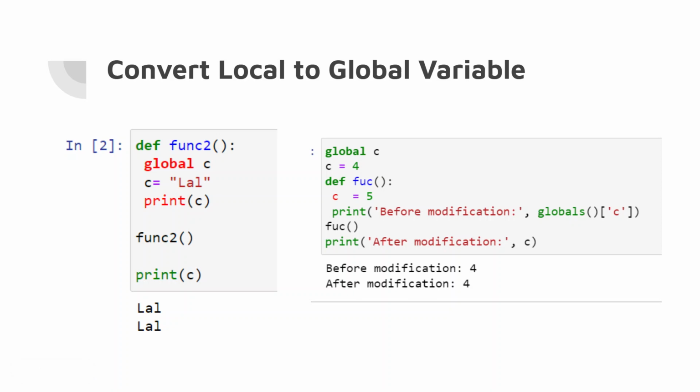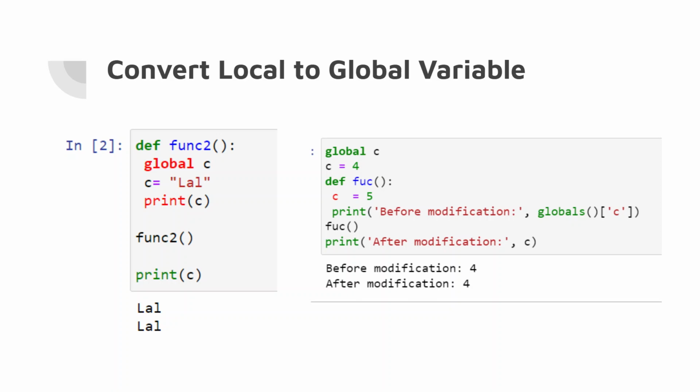Global c is equal to 4, inside the function c is equal to 5, and I am printing globals function and c, and it's showing 4 not 5. Why? Because I use globals, global means this one global. So this is another method to use global variable.